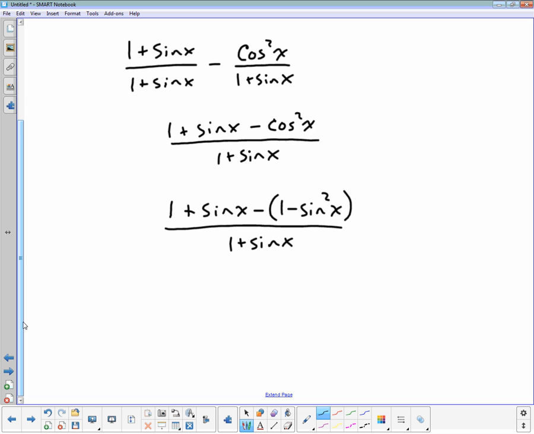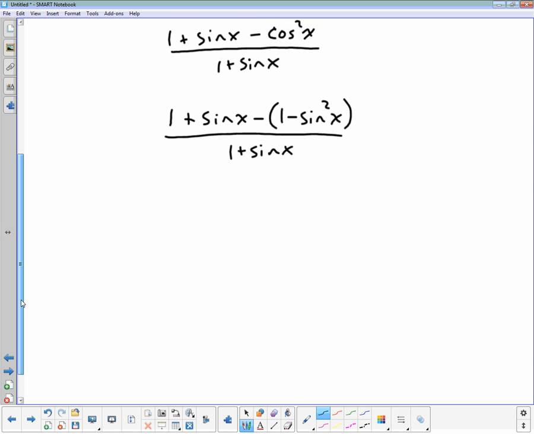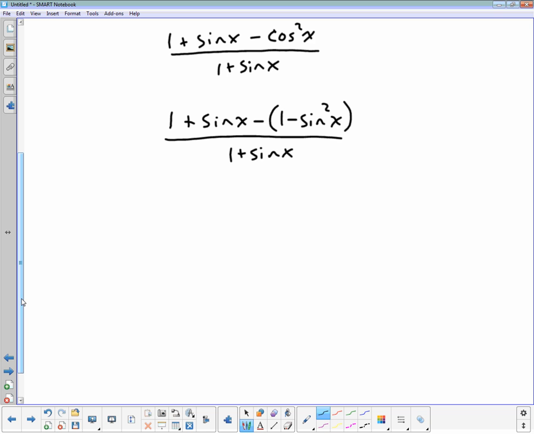Don't know. Is it getting uglier or easier? We'll see. So distribute, combine like terms, and then see what you have.